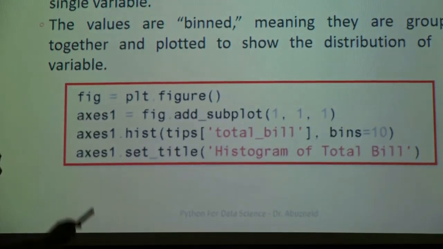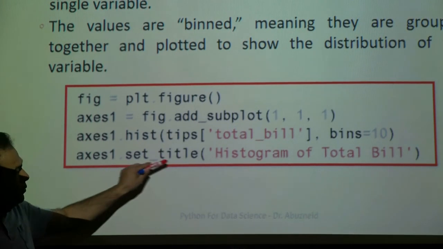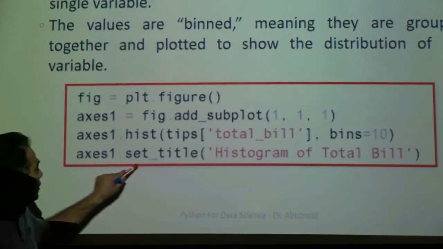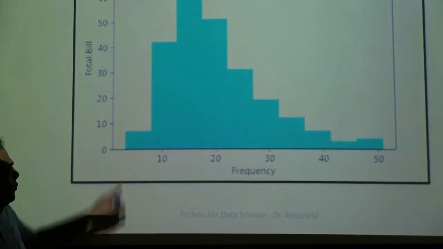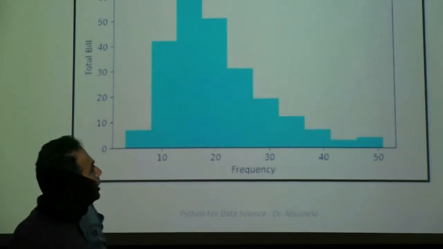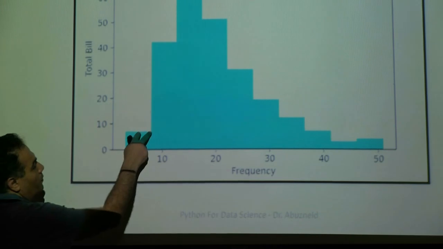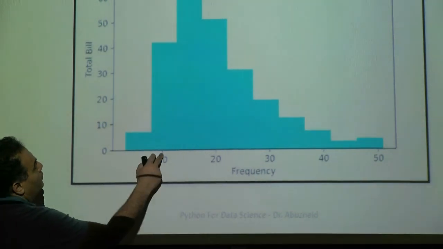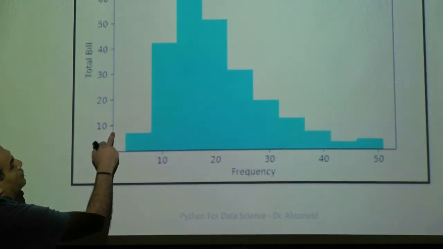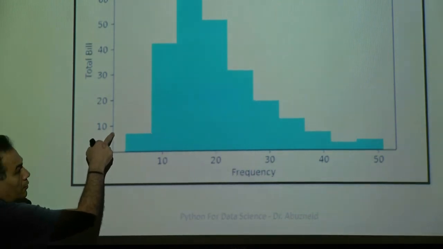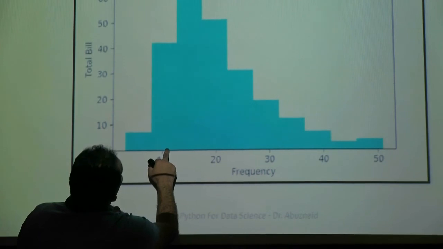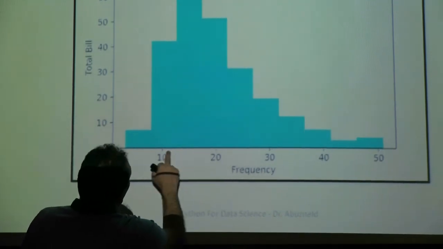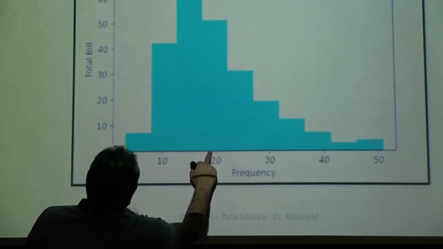Okay. And then I said axis 1, set title. What is this? The title of the axis 1. And that's what it is. So it created 10 bins. Okay. So in this bin, from whatever to 10, you have about 6. And here, which is from, let's say, 15 to 20.